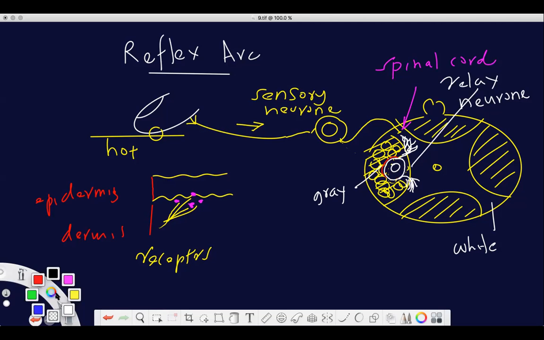And the relay or intermediate neuron is again connected to another neuron. So this is another neuron, and this neuron connects with this relay neuron, and then it has again a long axon.